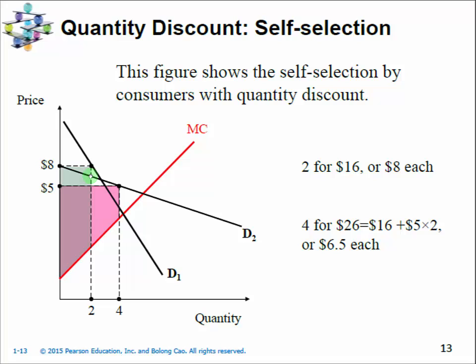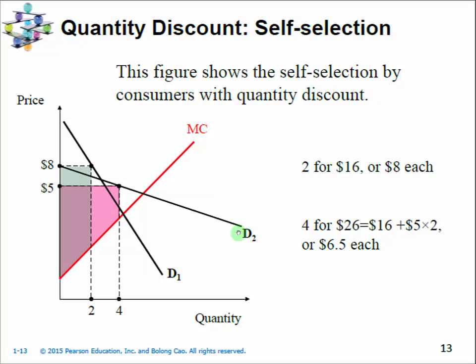If you are very good at geometry, you will see that the area of this little white triangle is the same as the area of this little green triangle. It basically means the total willingness to pay on the 4 units equals $26 for this second customer.